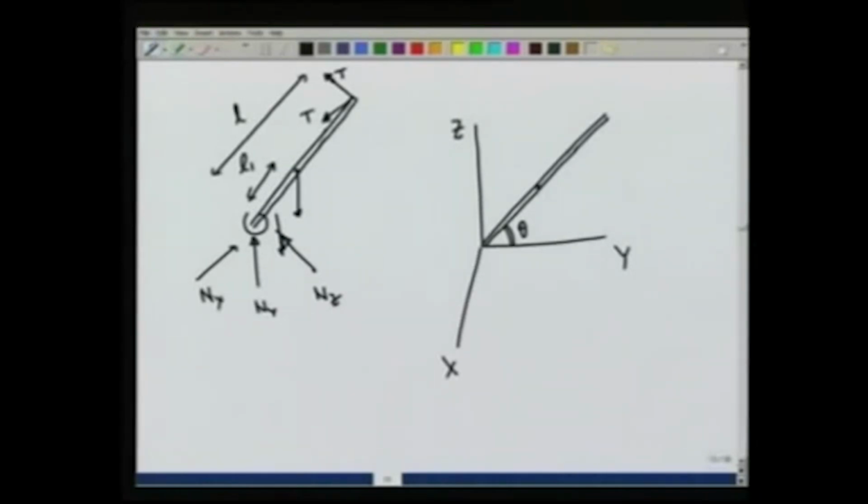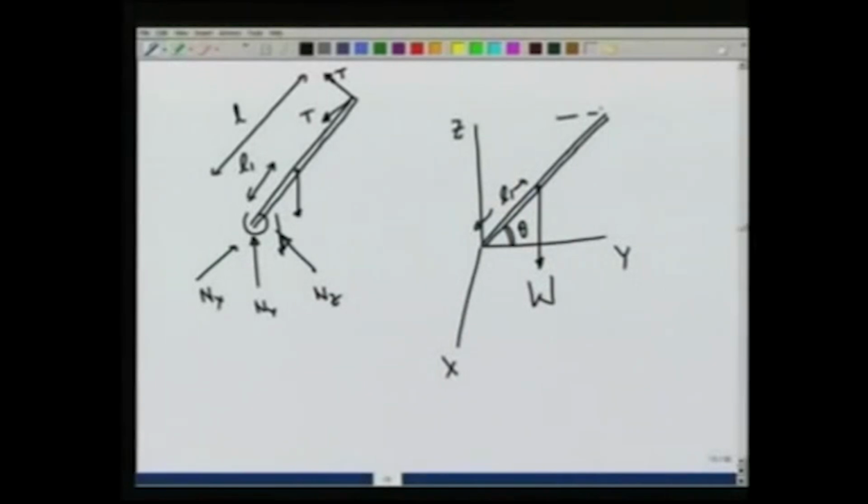The load is at a distance L1 and let the weight be W. The ropes are in the xy plane and let each of them make an angle of alpha from the y axis.